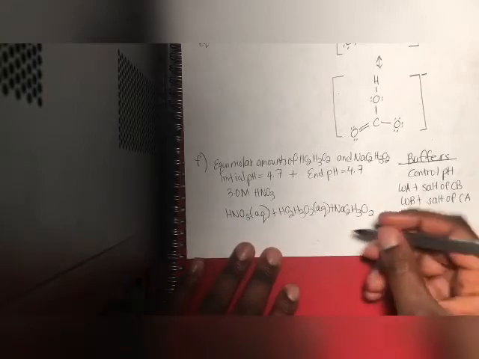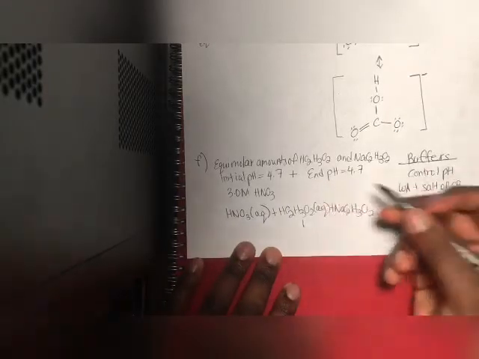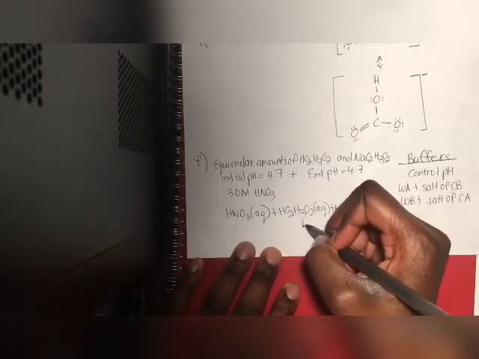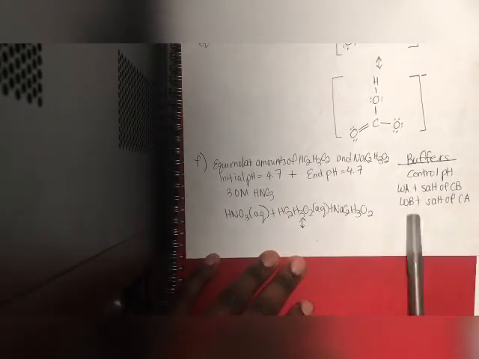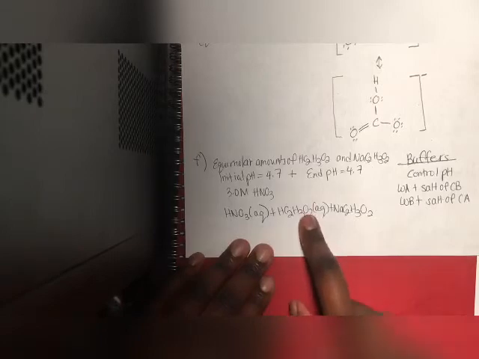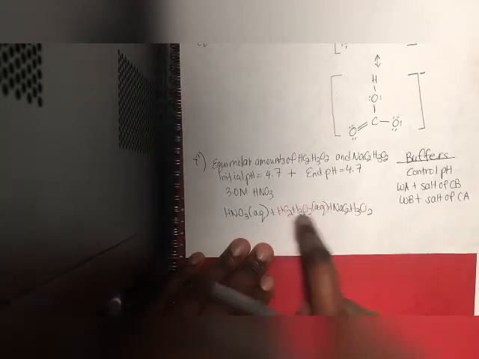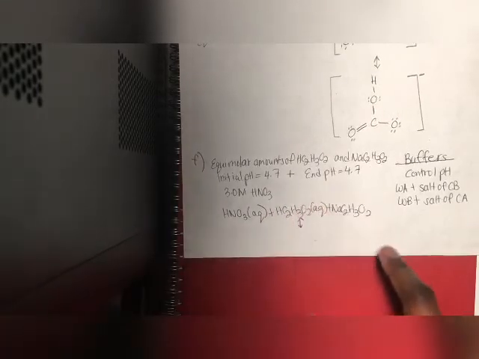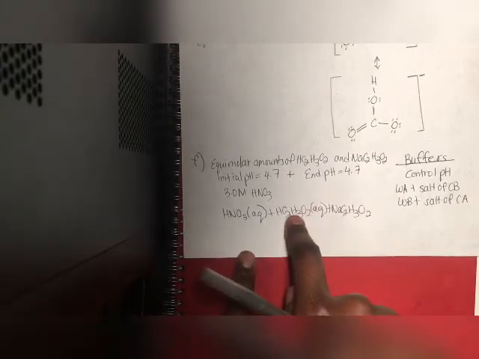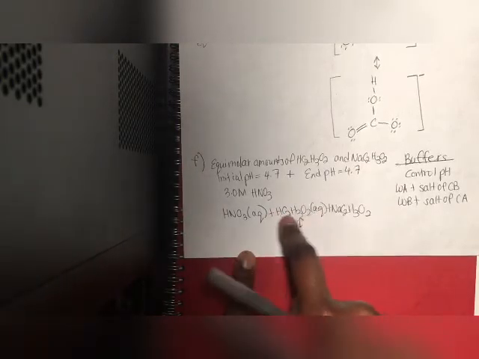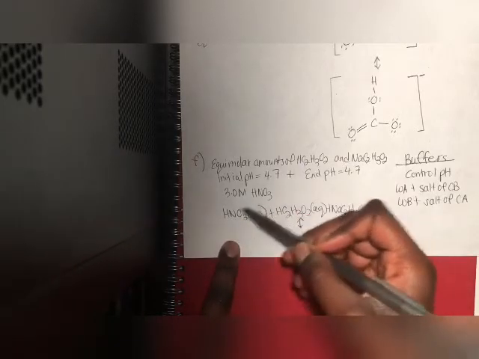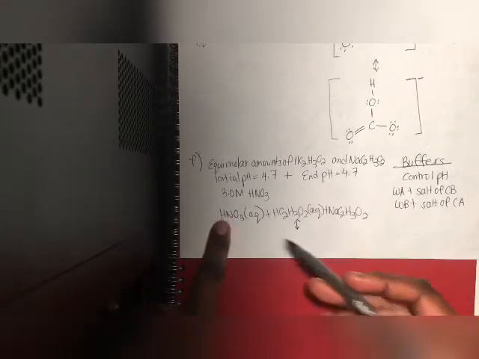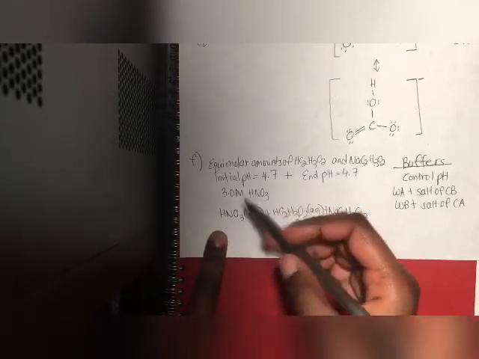And I'll just make the arrow going down because I don't have space to the right. And it goes both ways because there is a weak acid involved. Since we know that the weak acid does not completely dissociate, it will stay the same. So if we want our net ionic equation, and we know that this one completely dissociates, the H will be donated.